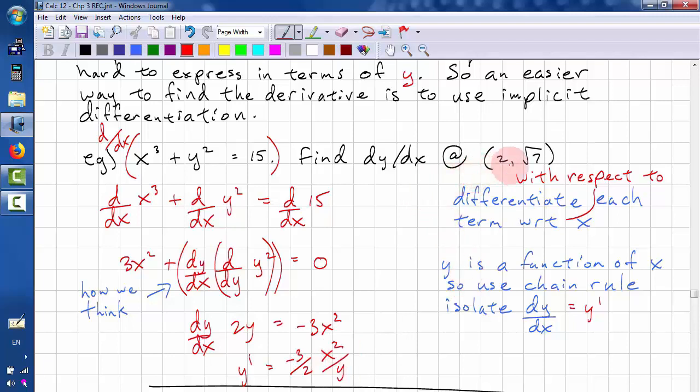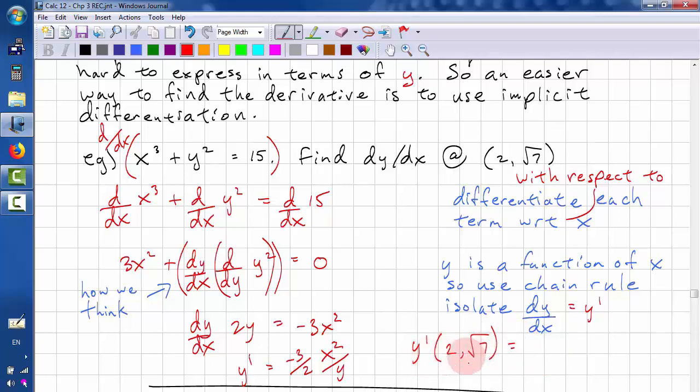Okay, we want to do it at the point 2, root 7. So we just substitute 2 for x and root 7 for y, and we get our answer. So y prime at (2, root 7). This is just saying x is 2 and y is root 7. Functions can have 2 parameters.